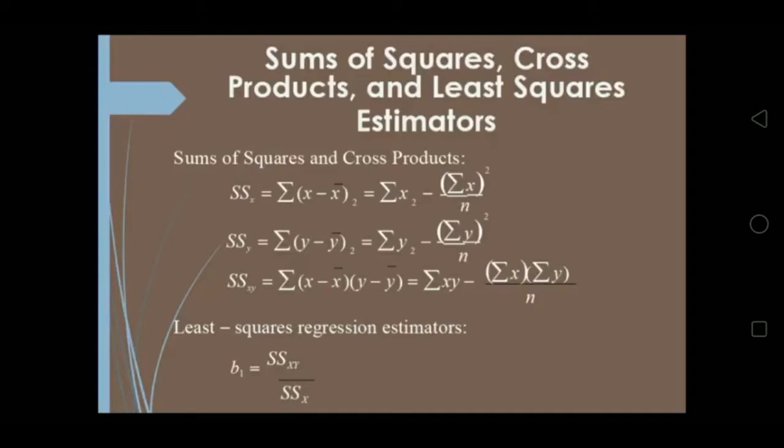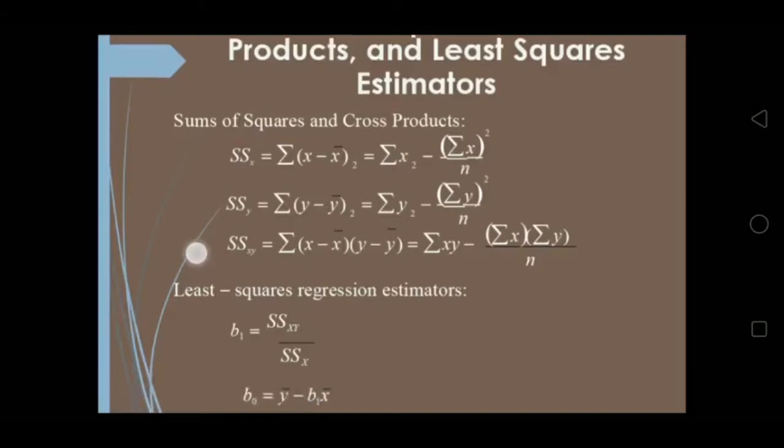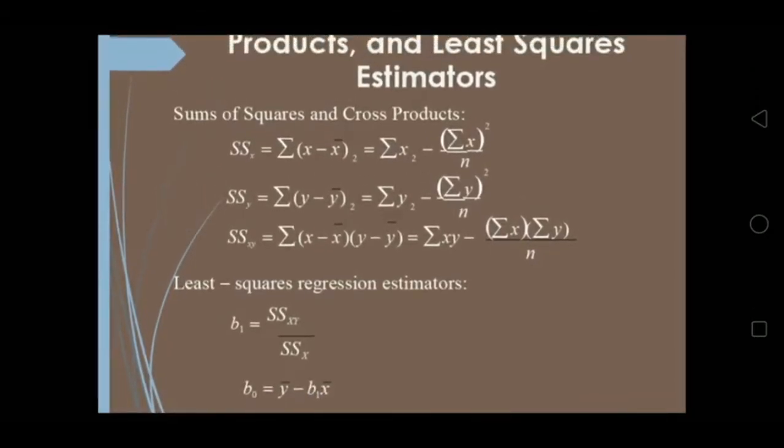SSXY = sum of (x minus x bar) times (y minus y bar) = sum of x times y minus sum of x times sum of y per n. Least squares regression estimators are b1 = SSXY per SSX, b0 = y bar minus b1 times x bar.